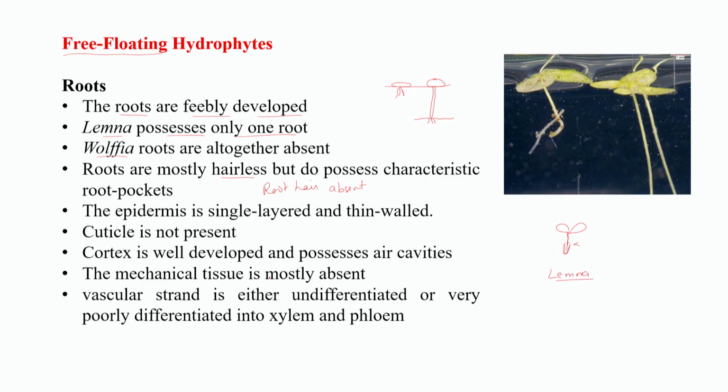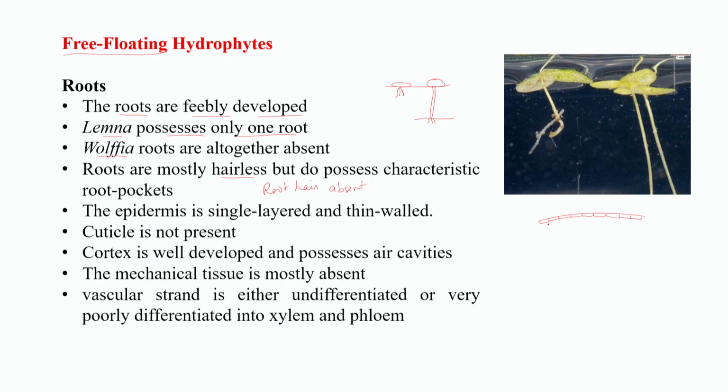When we talk about the epidermis, if we cut a section of a root of a free floating hydrophyte, we can see that the epidermis will be single layered. You will not find any root hairs in it.